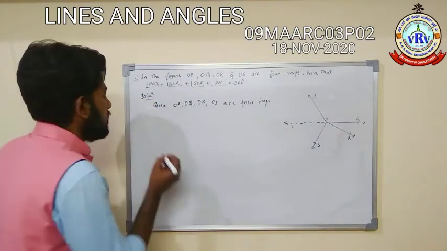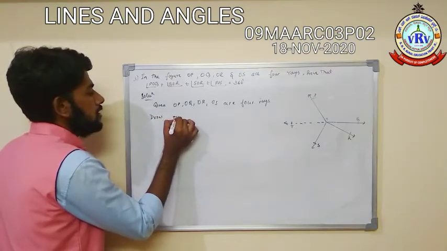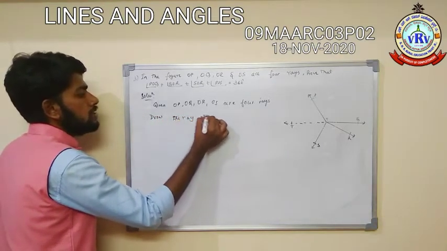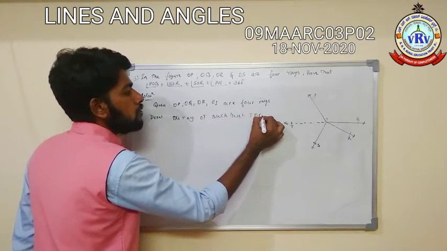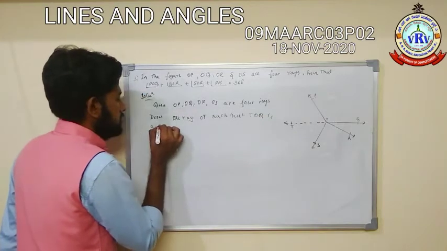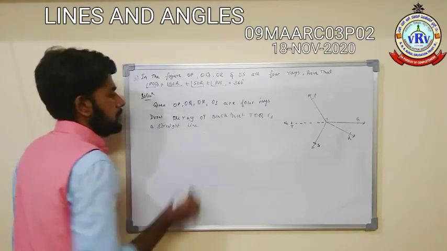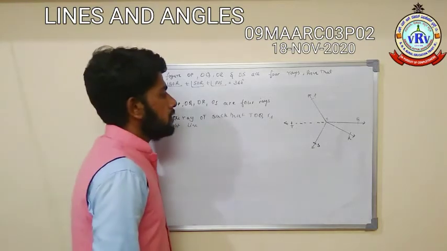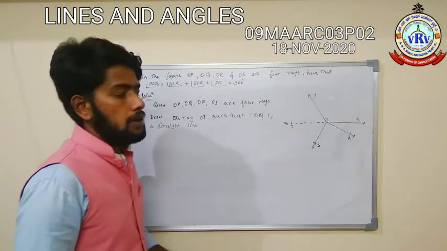Draw the ray OT such that TOQ is a straight line, so I have to draw OT.